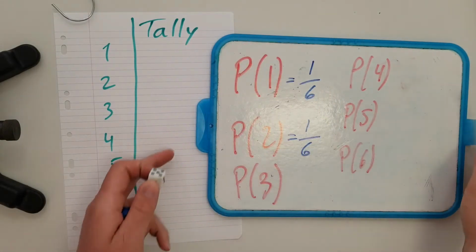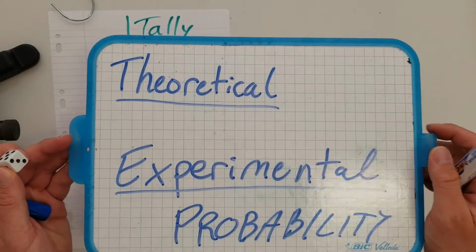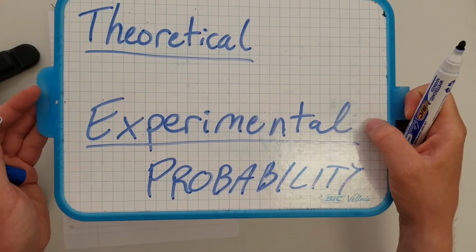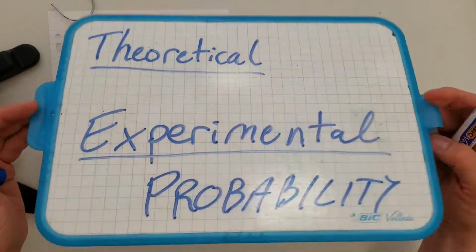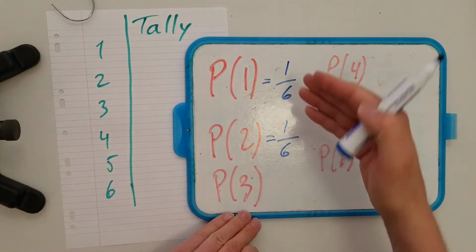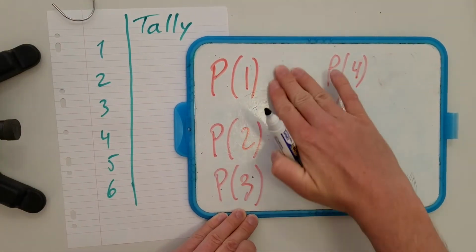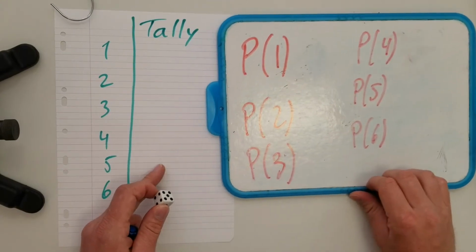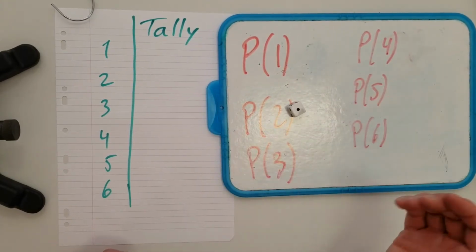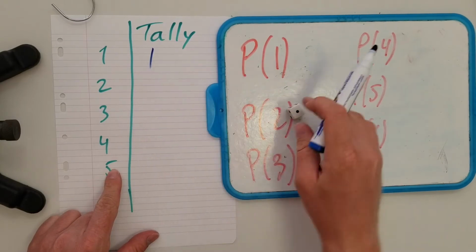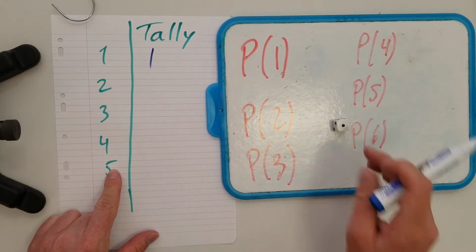But in an experiment, the experimental probability isn't always going to be that way. Okay? So in theory, yes, it should be 1 out of 6, but it's not always going to be that way. So let's roll the dice 6 times and see what we get. Okay? So first time we get a 1. I didn't roll that very well.